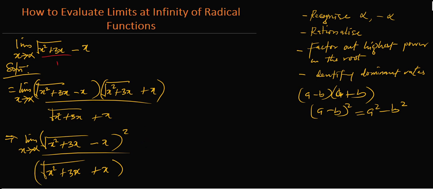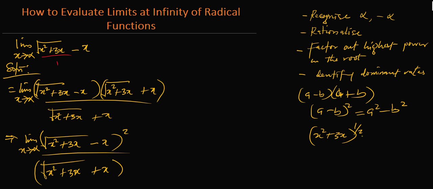And if we continue to expand, the root of x squared plus 3x can be written as this to the power of 1 over 2, and then squared. So we see when we expand, this cancels out the root. So we have only this term left, and x squared.